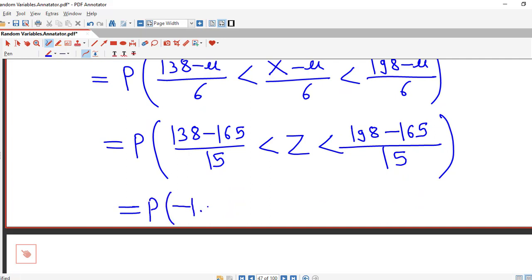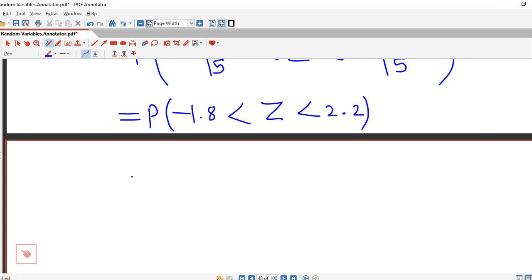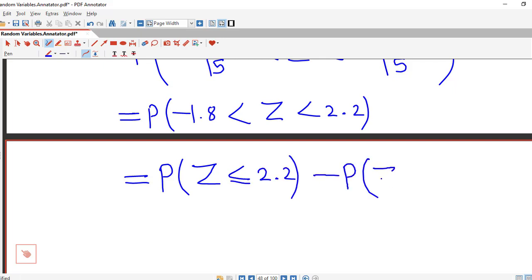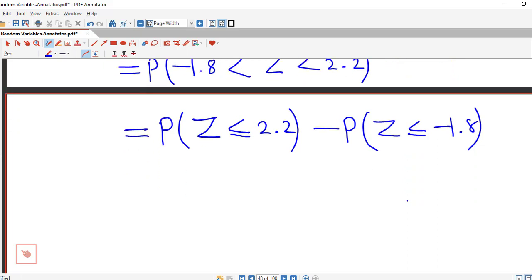This turns out to be minus 1.8 and this turns out to be 2.2. So we can rewrite this as the probability that Z is less than or equal to 2.2 minus the probability that Z is less than or equal to minus 1.8.